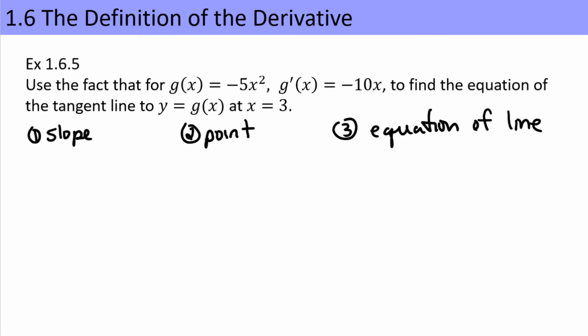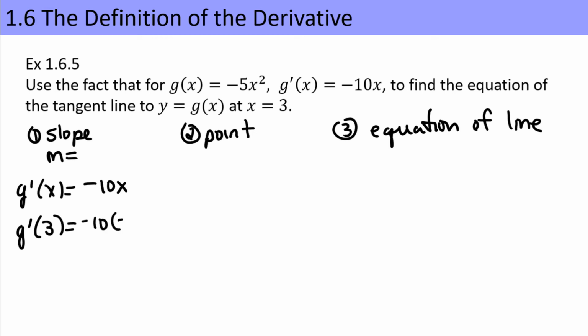The slope is the instantaneous rate of change, and we are given that the derivative function is negative 10x. We need the slope at x equals 3, so we compute the derivative at x equals 3, which would be negative 10 times 3, or negative 30. The slope is negative 30.